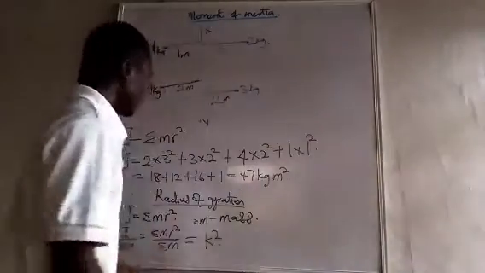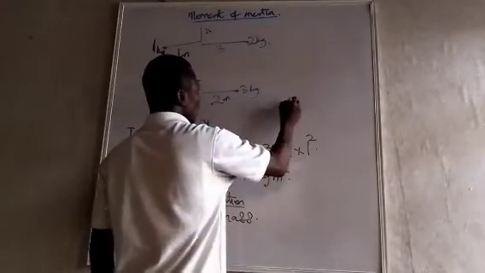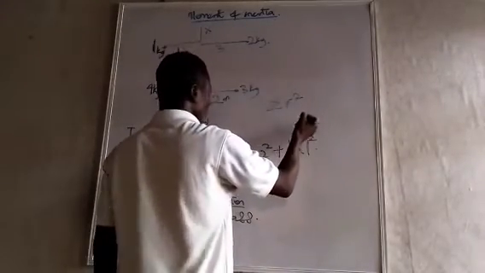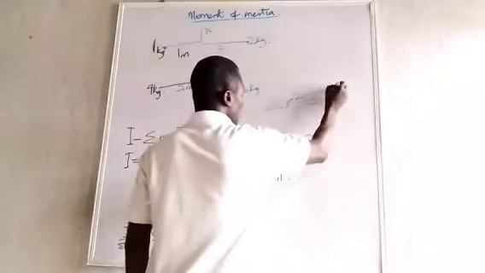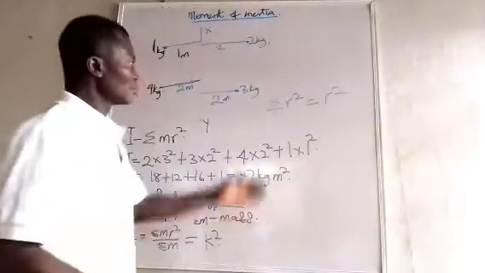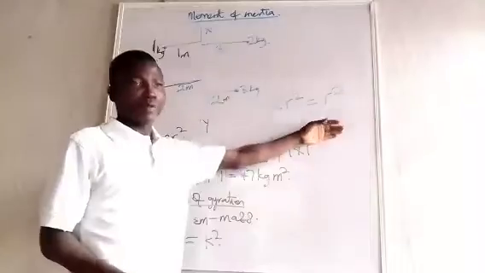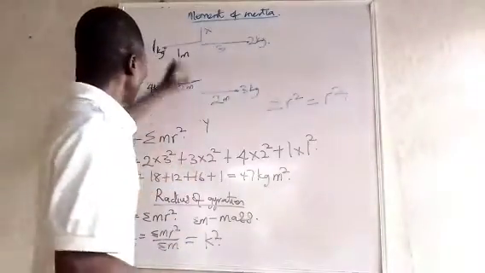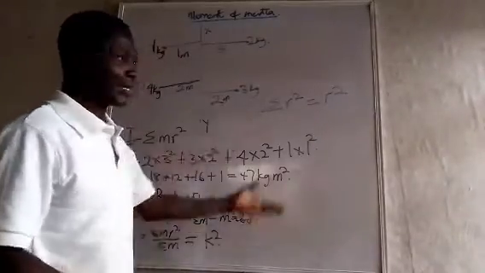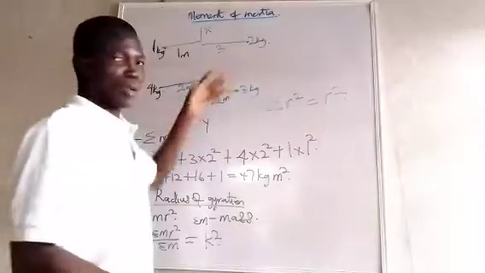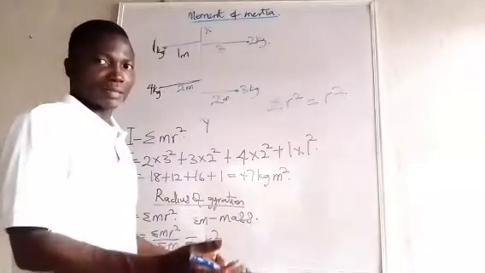You cannot say that summation r squared is equal to r squared. There will be some error when you add all of them. I add this and give it one value. No, I cannot just do that easily.